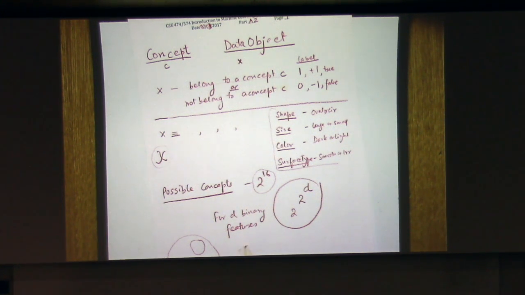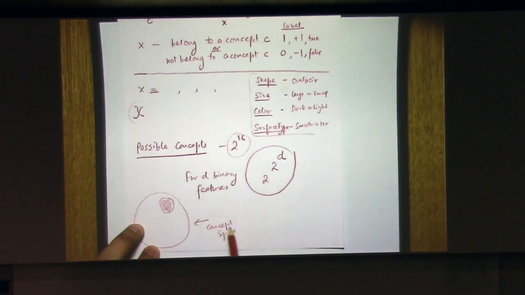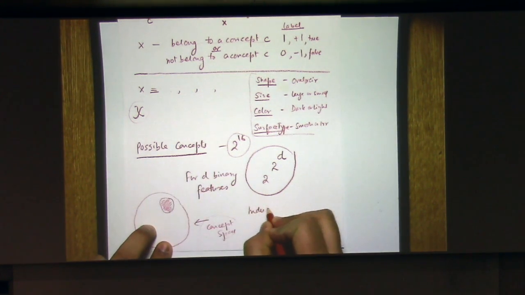But the effect is that suddenly your concept space, the space in which our concept lies, is reduced. And that lets us discover the right one more efficiently. This is also known as, and we'll talk about it later as well, this reduction from the large concept space to a small target concept space is what we know as inductive bias.